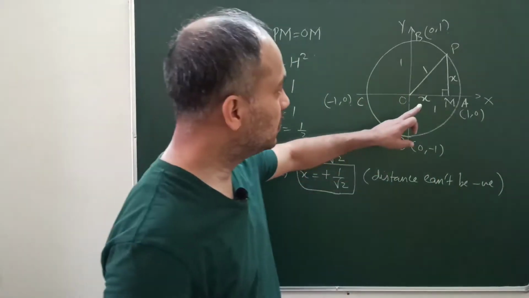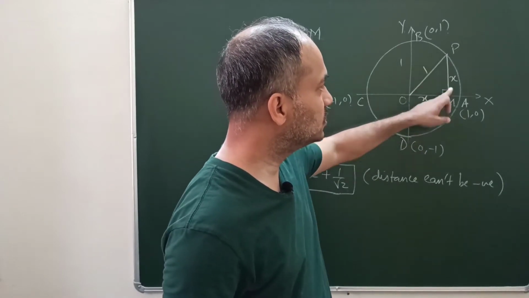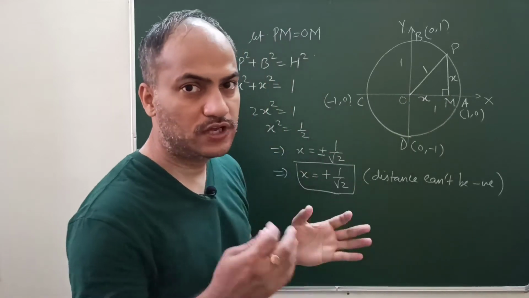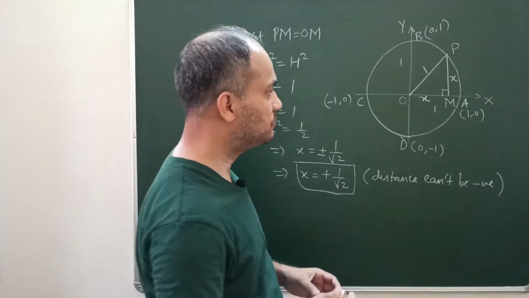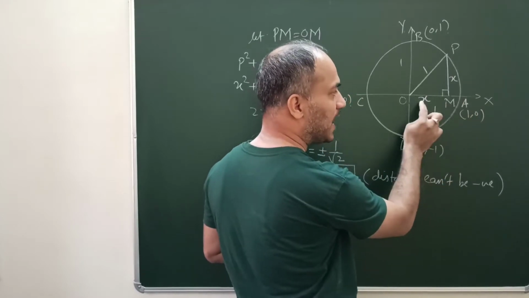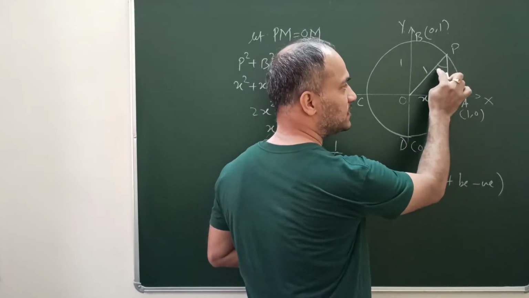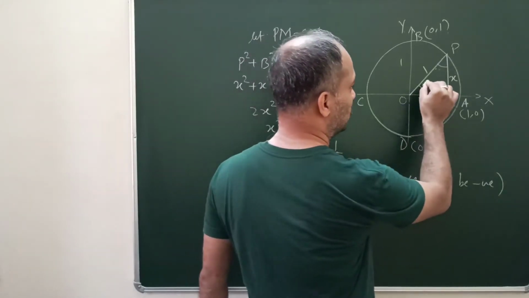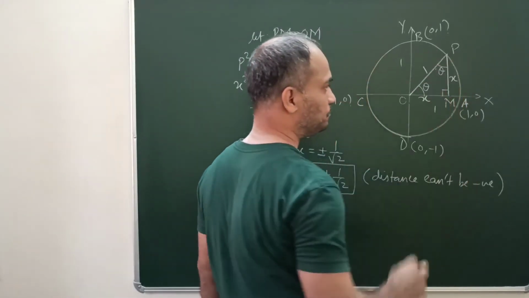Now we can see one more thing, that in this triangle this angle is 90 degrees and these two sides are equal. We know a property of geometry that if in a triangle two sides are equal, then the angles opposite to these two sides are also equal. So we can call these angles theta.